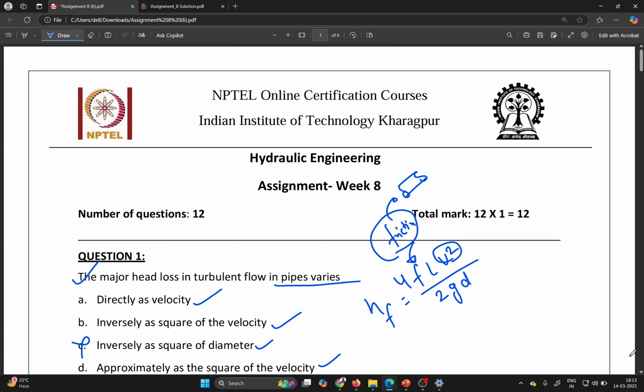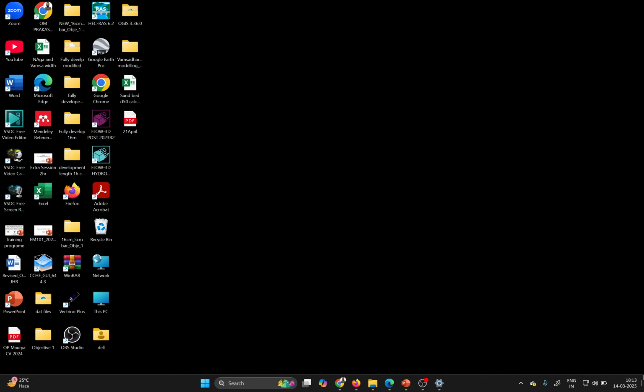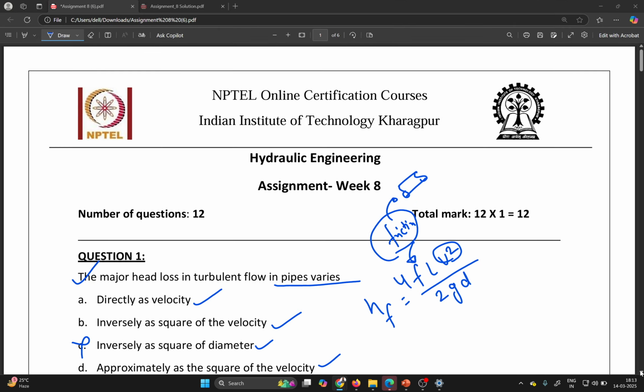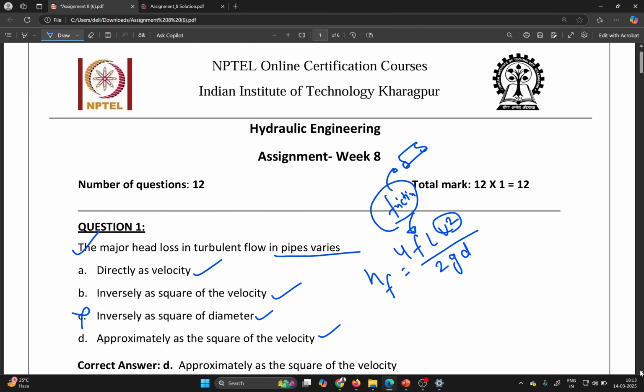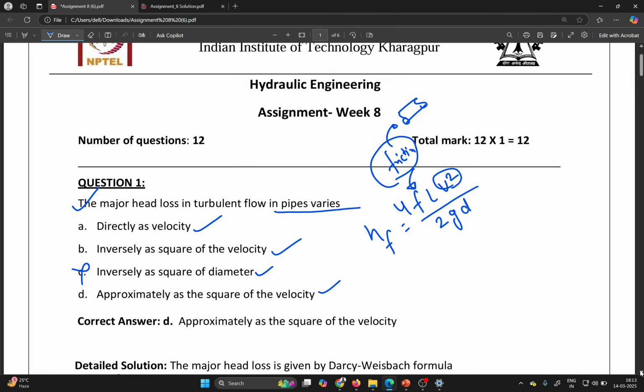Let me just check the correct answer. Okay, here h_f is directly proportional to V square. So this is the correct option for this question.